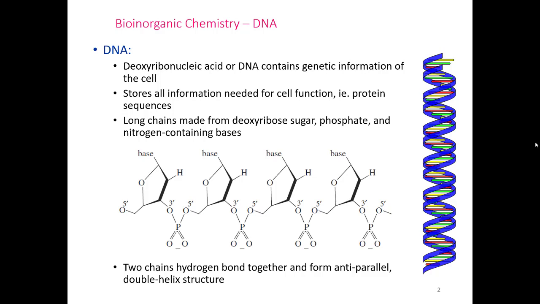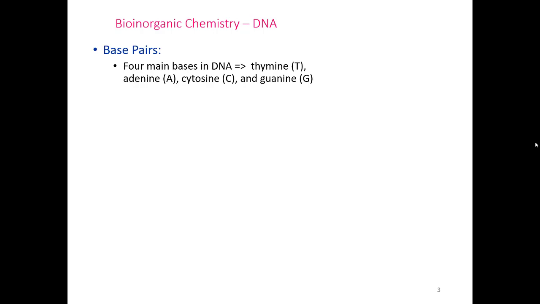But what do I mean by complementary DNA strands? And what are the nitrogen-containing bases in DNA? Well, the nitrogen-containing bases are often referred to as base pairs, and there are four main bases in DNA: thymine, often abbreviated as T, adenine, often abbreviated as A, cytosine, often abbreviated as C, and guanine, often abbreviated as G. Adenine and guanine are referred to as purines, while cytosine and thymine are referred to as pyrimidines.